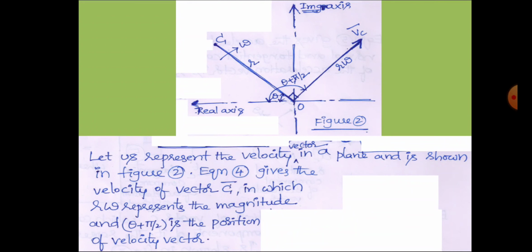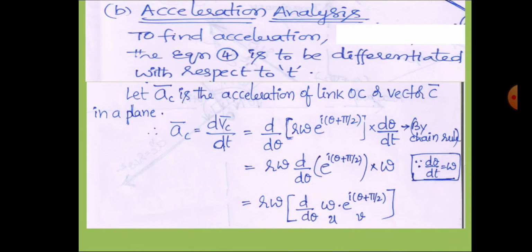Like that, now I have understood how a link will be represented by means of a vector, right? And after representing it, how to find the velocity: differentiate, that's it, analytical method. Now once the velocity is obtained, then acceleration.